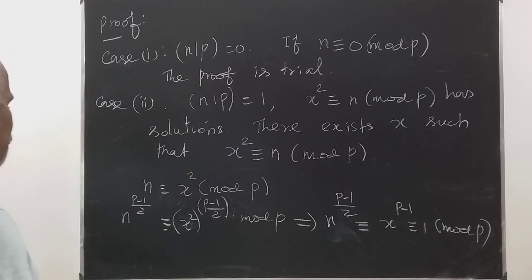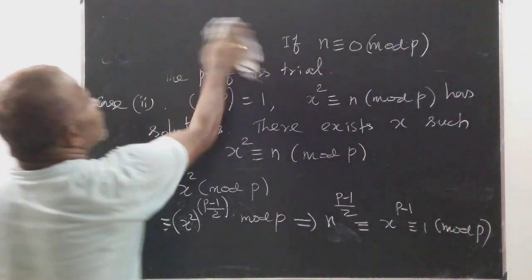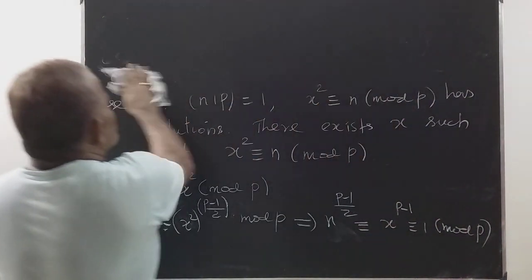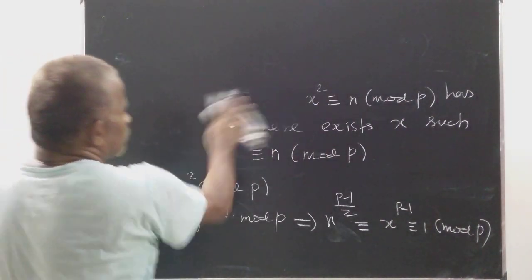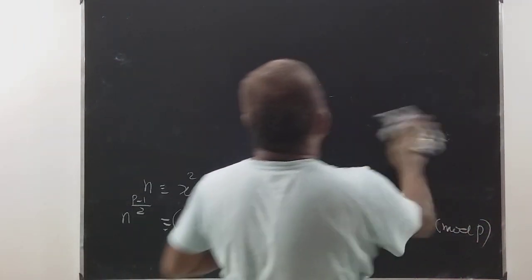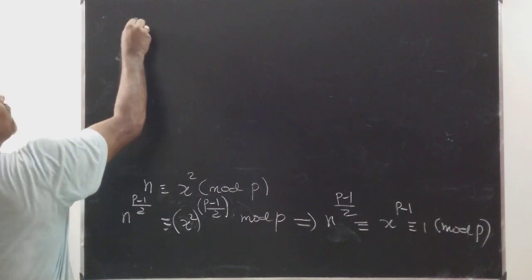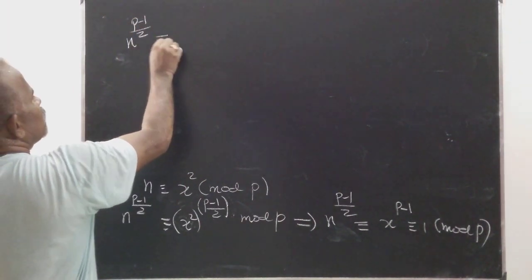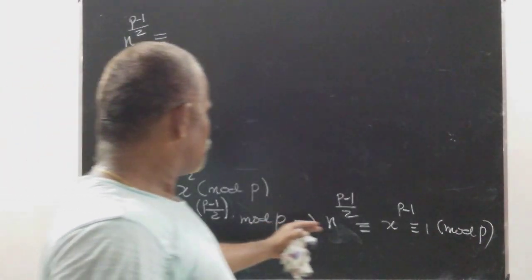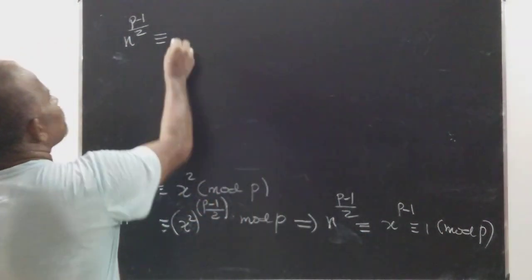So therefore this implies n^((p-1)/2) is congruent to 1 mod p.